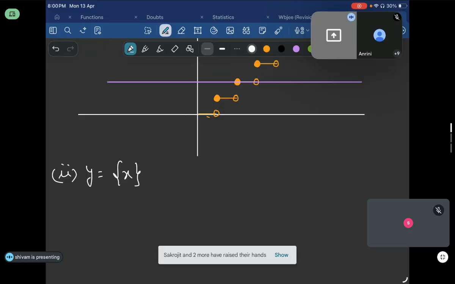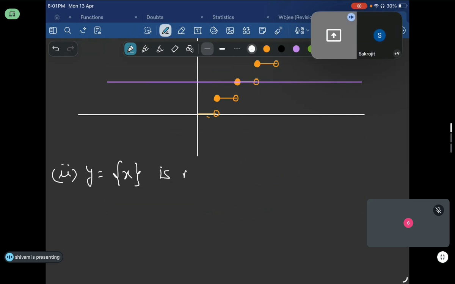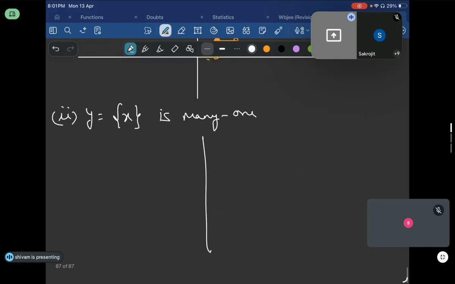So it is also many one. Very simple, everyone. Again, see the graph of the function.